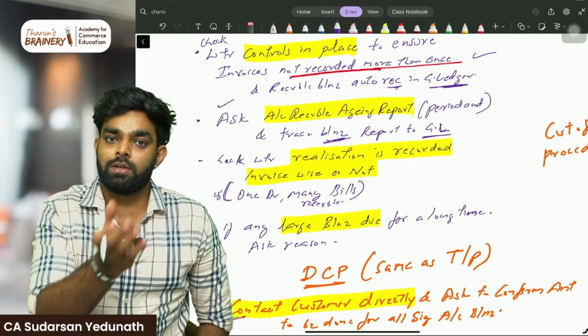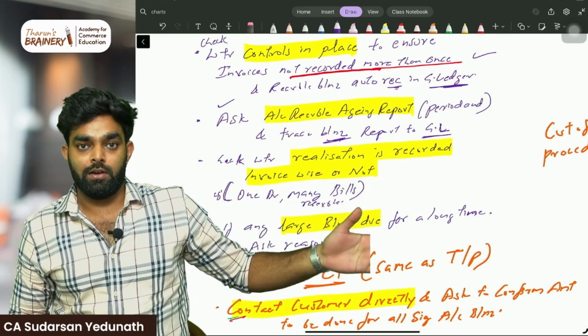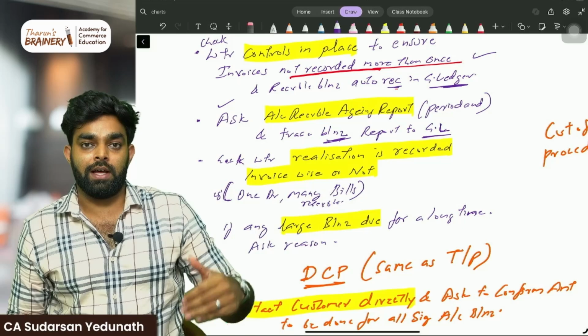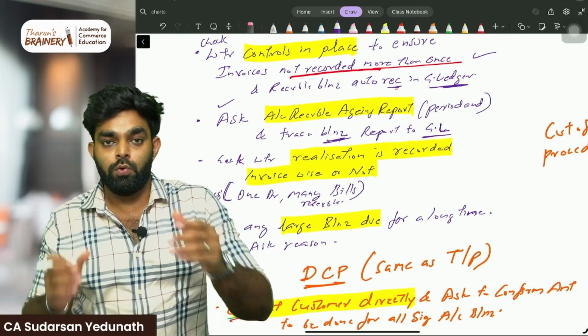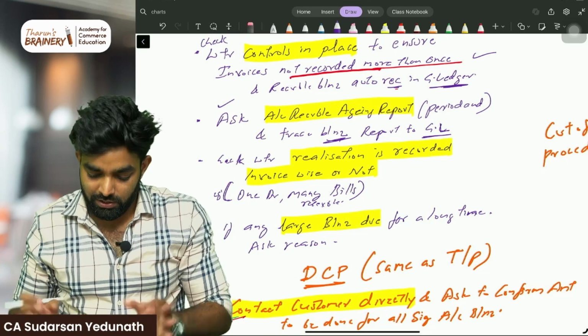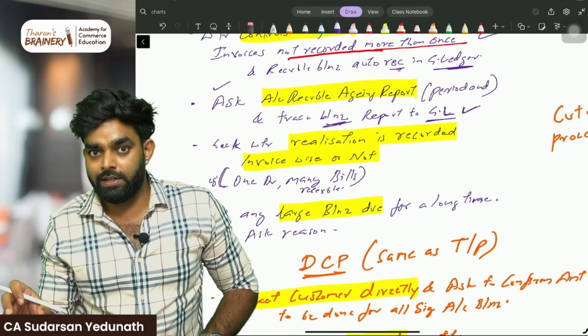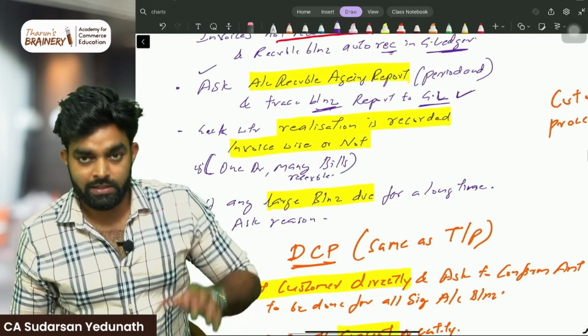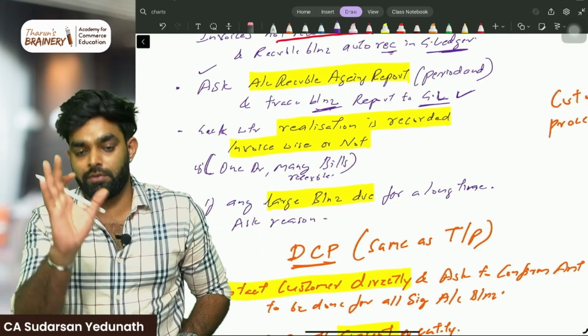For example, one debtor is from a sale that occurred 10 years back, one may be from the last 6 months, another from the last 3 years. So that aging of debtors will be there. Trace the balance in the aging report to the general ledger. If 3 lakh is there in the aging report, check whether the same 3 lakh is there in the general ledger for that debtor.